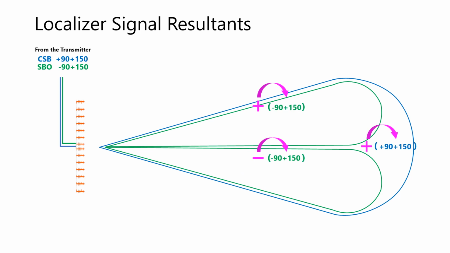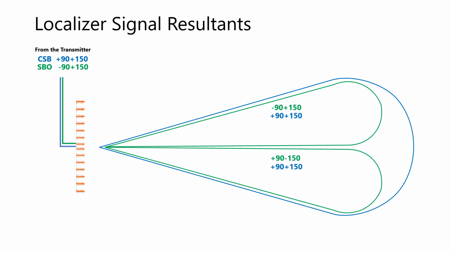These RF lobe phase relationships affect transmitter audio phase relationships. Here we can see the 90 and 150 Hz audio phase signs remain unchanged in the positive lobes. However, audio phase is reversed in the oppositely phased lobe. Basically, all that's happened here is the SBO lobe left of centerline has reversed its audio phases.